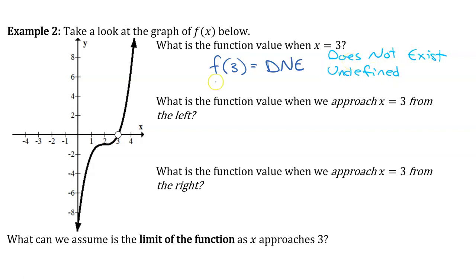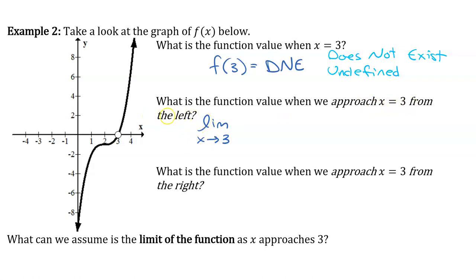But the limit does exist. The limit will actually always exist. So even if we can't find the function value, we can still talk about the limit. So the limit as x approaches 3. Now this says x approaches 3 from the left.